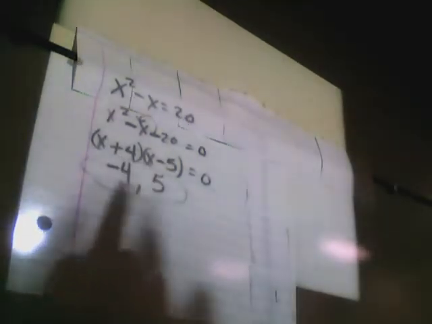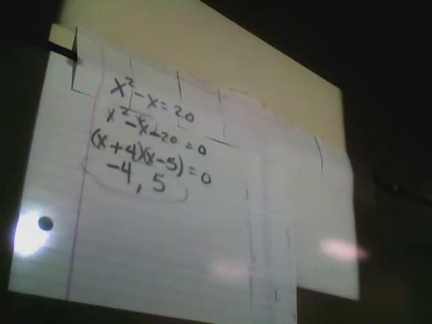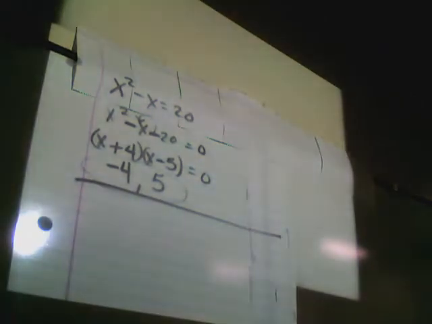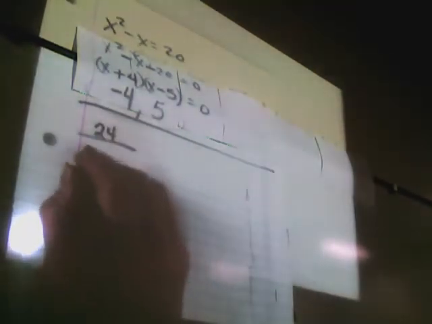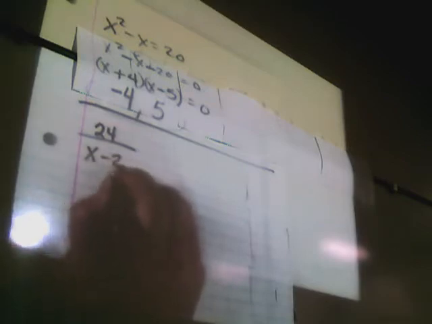Okay, so that one, you factor and set them equal to 0, you have a 4 and 5. Now this one will be a little harder. We have some fractions. 24 over x minus 2.